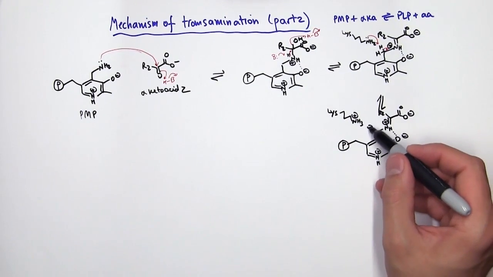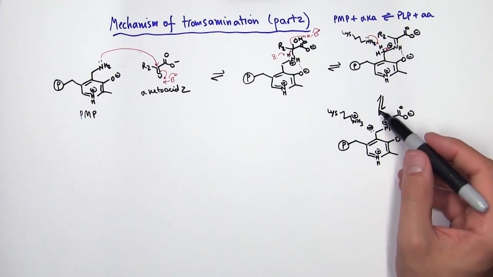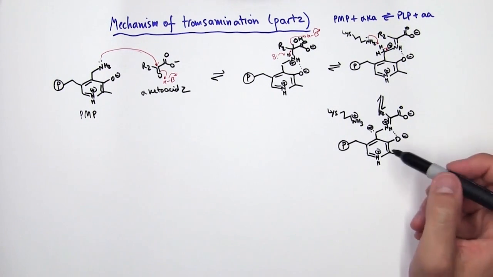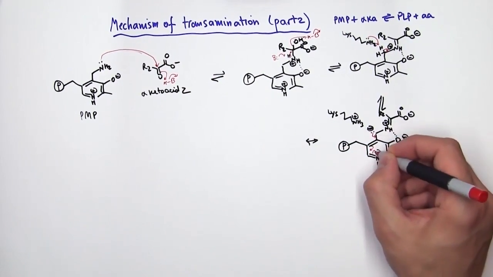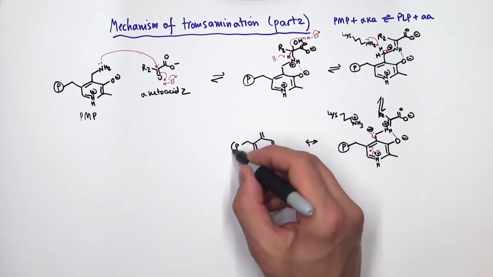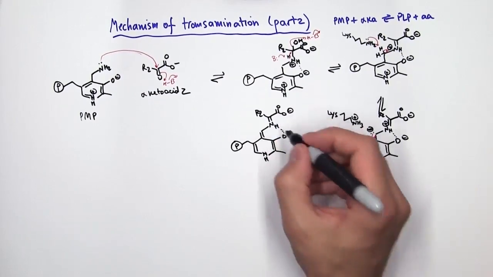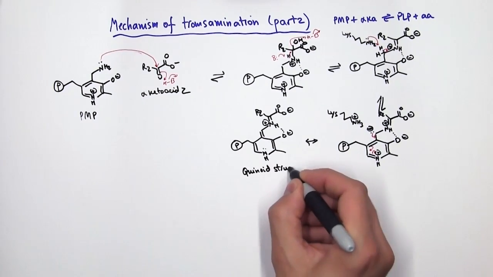The reason we can form this carbanion here is because this negative charge is delocalized throughout the entire ring system. And let's show one important resonance structure, which is none other than the quinonoid structure we saw before.